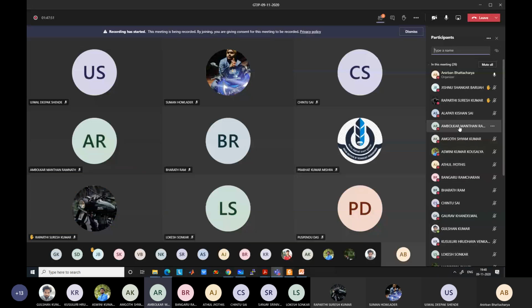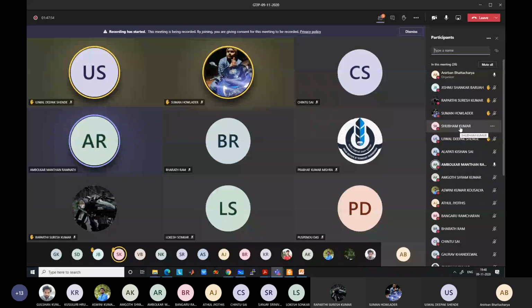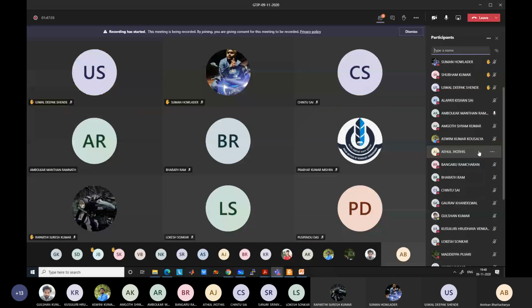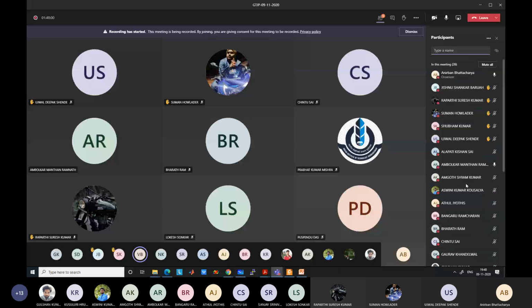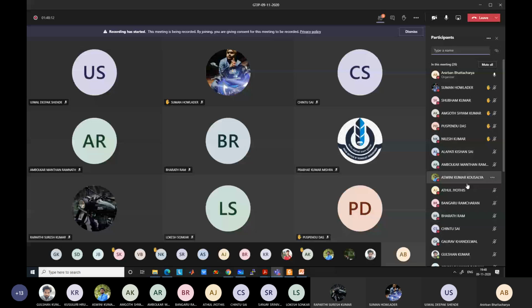Then Jishnu is present. Gaurav is present, sir. Oh, Gaurav is present. Where is your name? Yeah, it is there. Okay, correct. Thank you. Jishnu is present. Suresh is present. Ujjwal is present. Shubham Kumar is present. Pushpendu is present. Amgod Shyam Kumar is present. Prabhat Kumar Mishra is present. Kishan Sai is present.